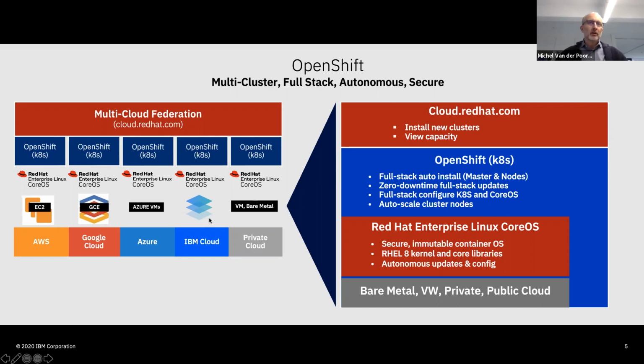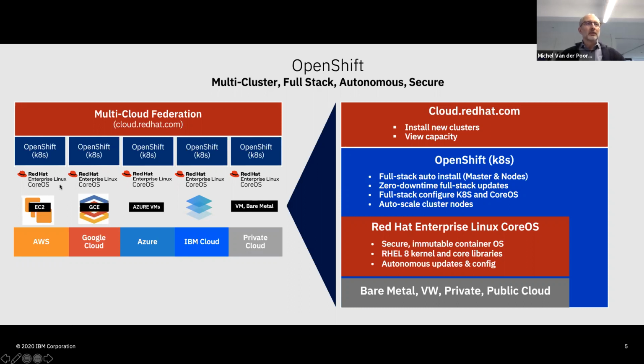With Red Hat OpenShift, you're able to do what Kubernetes intends to do, but we give you complete separation, isolation from the underlying hardware, whether that's hardware running on AWS, Google Cloud, Azure, our cloud, or a private cloud, or on-premise.